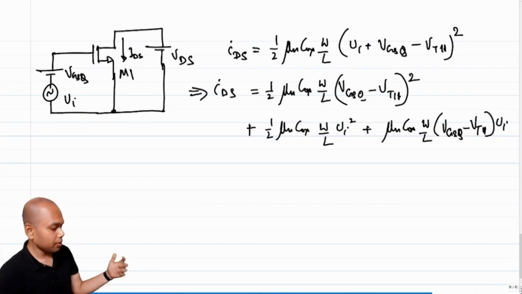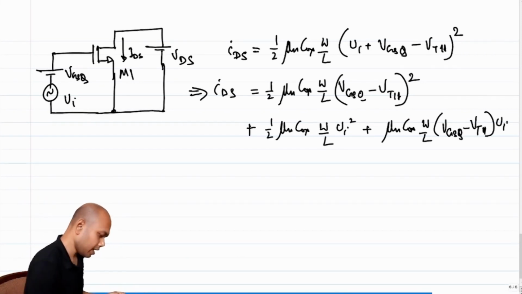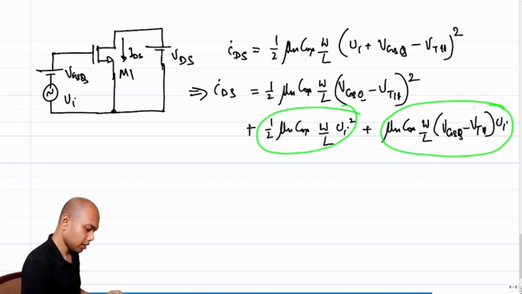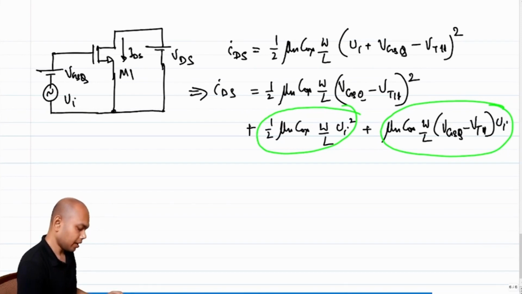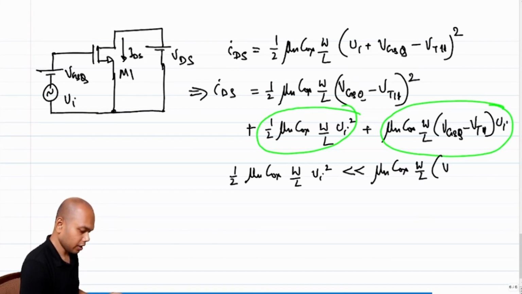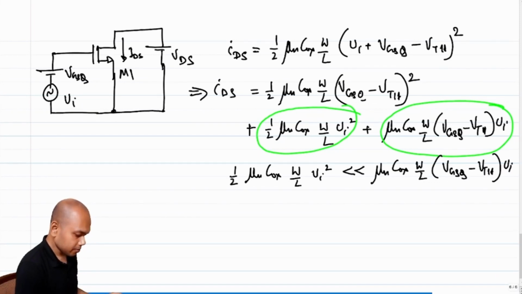And when we say that we are doing small signal, what are we saying? We are saying that we are neglecting this term with respect to this term, which essentially means that we are assuming half mu n Cox W over L Vi square is much less than mu n Cox W over L (VGSQ minus threshold voltage) times Vi. So these go off, one Vi cancels, right?